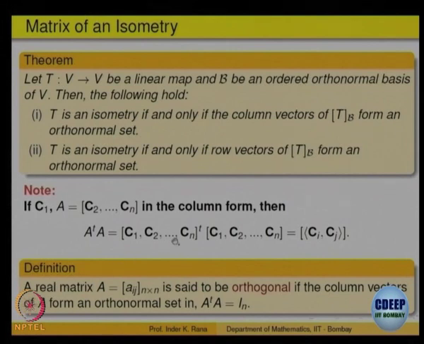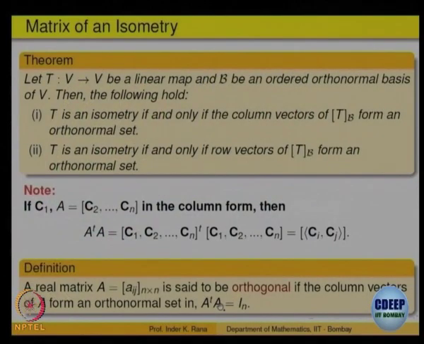So, let us give that a name: matrices which have the property that A transpose A is identity. We say that a matrix is called orthogonal if the column vectors form an orthonormal set, that is the same as saying A transpose A is equal to identity. So, square matrices which have the property A transpose A is identity, we will call orthogonal matrices.